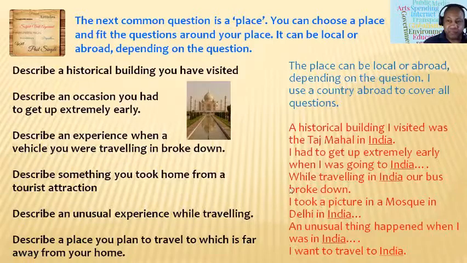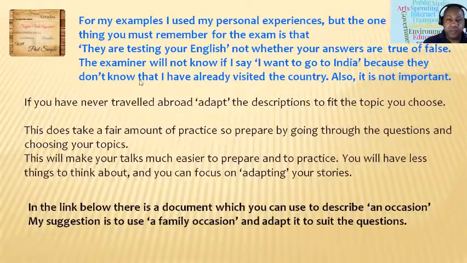Now, this section here, I'm just going to explain that. The examiner doesn't know where you've been. The examiner doesn't know where you want to go to. You're going to tell him or her. So even though I've been to this place, I can still say I want to go to this place because they don't know that I have already been there. You don't have to give them your life experience to be able to take the test.